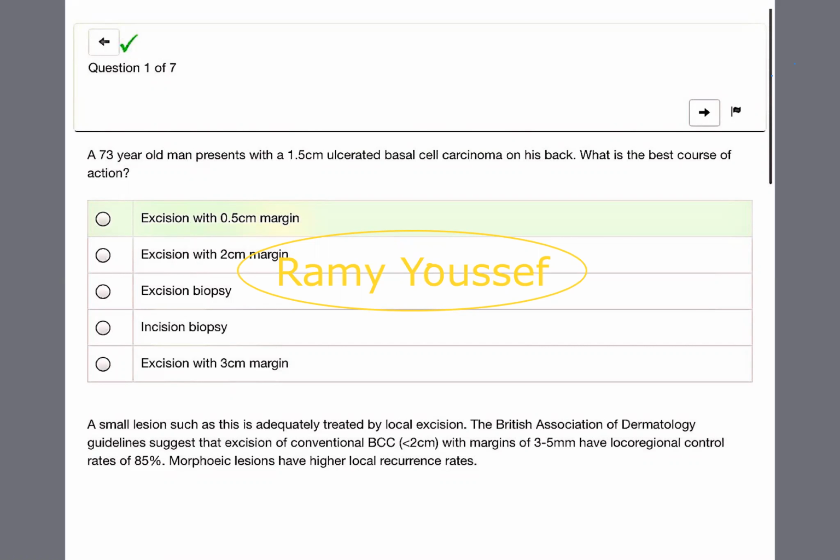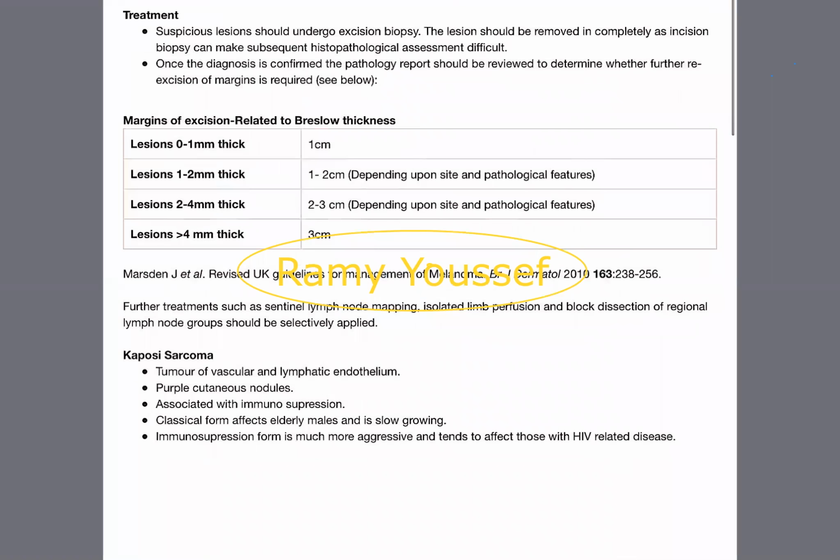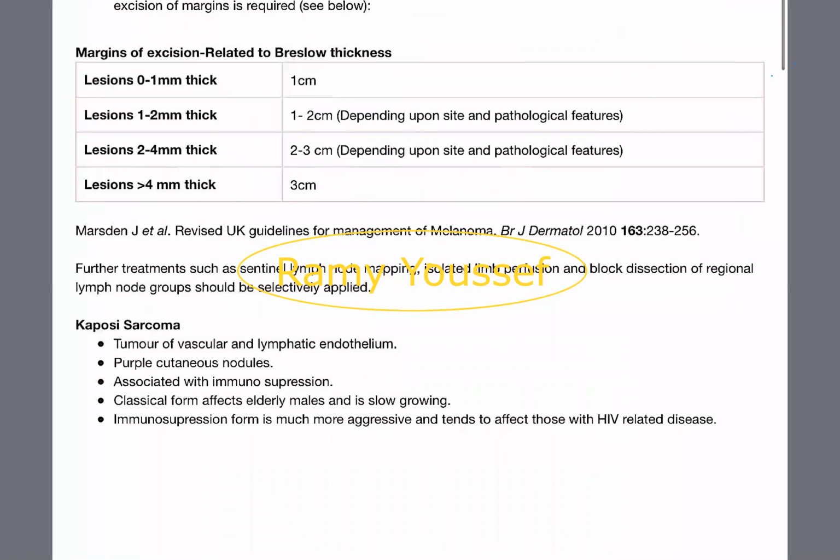So melanoma is just according to the size? Yes, melanoma according to Breslow thickness. We will talk about it soon. Margins of excision related to Breslow thickness: if less than 1 millimeter, you'll take 1 centimeter.